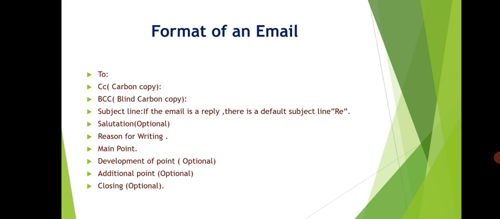Okay, then an email also contains a subject line. That's very important. Subject line should be there. If the email is a reply, there should always be a default subject line, that is Re, which means reply. Then there should be a salutation, but a salutation is optional, and the reason for writing. You have to provide the reason for writing.